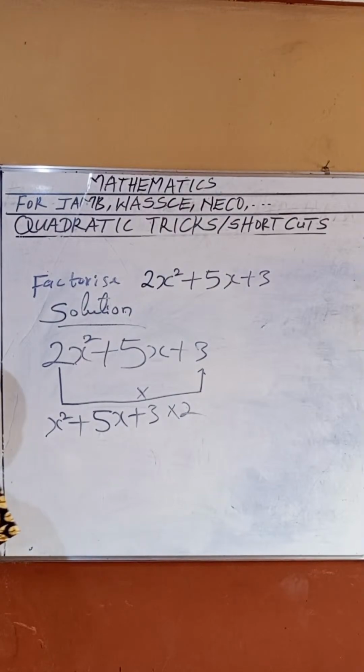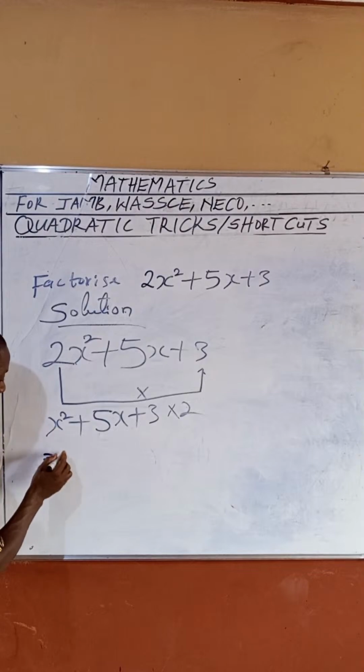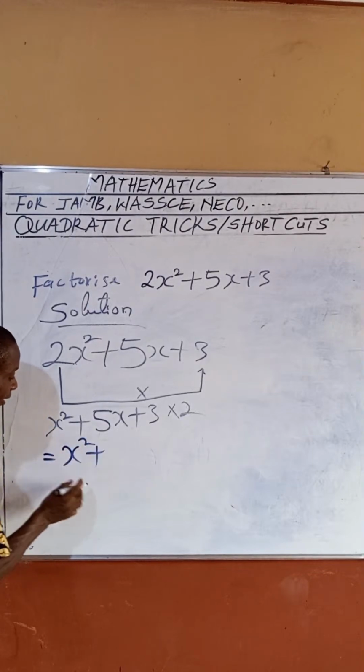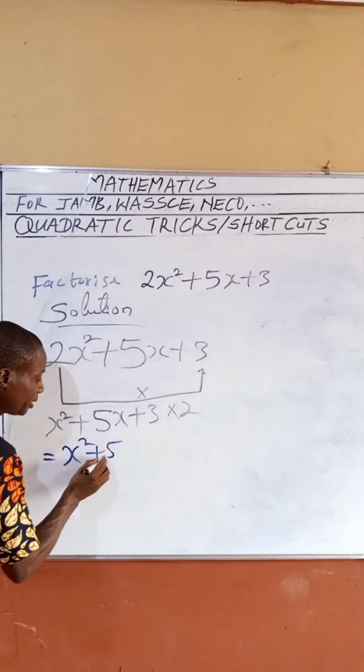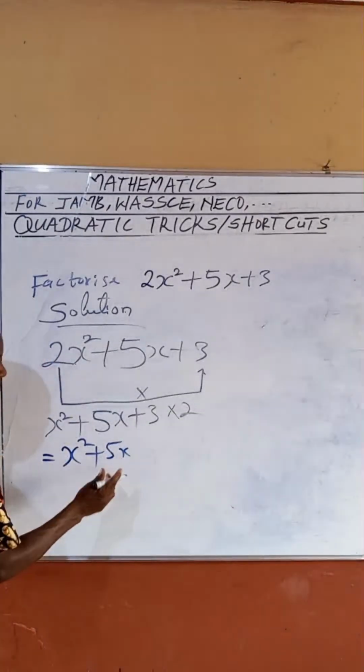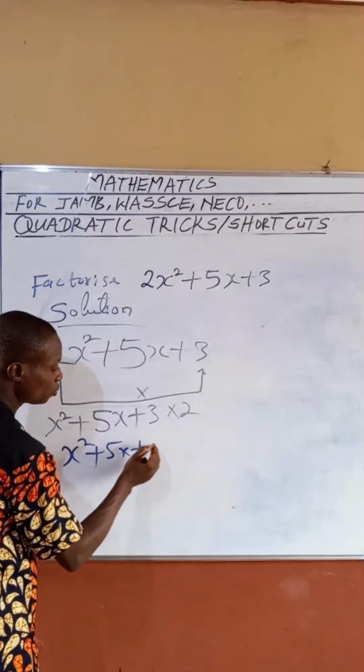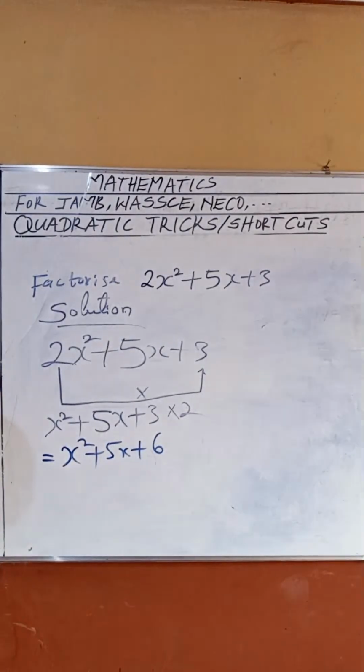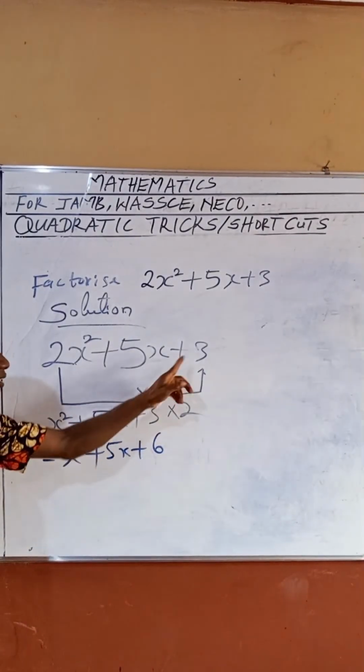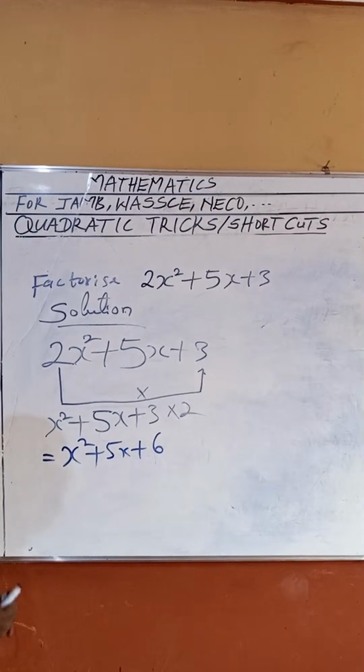So if we got it this way, we can proceed. x squared stays here. Then 5x repeats itself here. Then this is 3 times 2, which is 6.